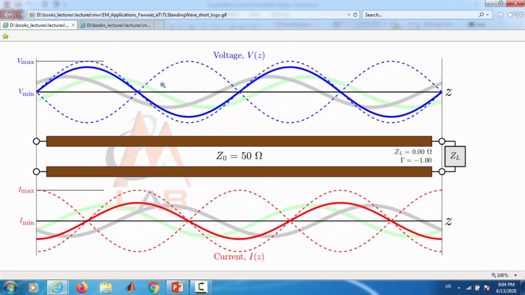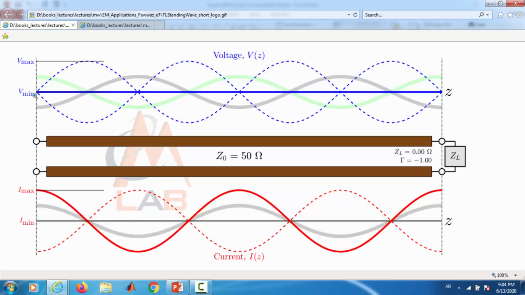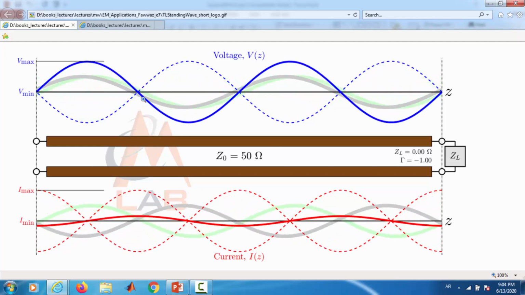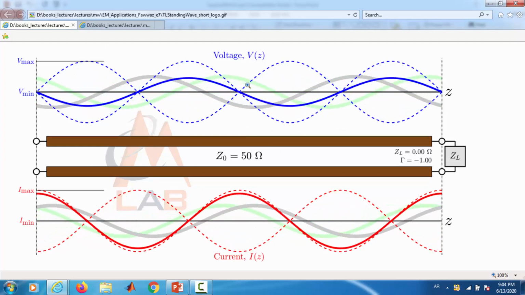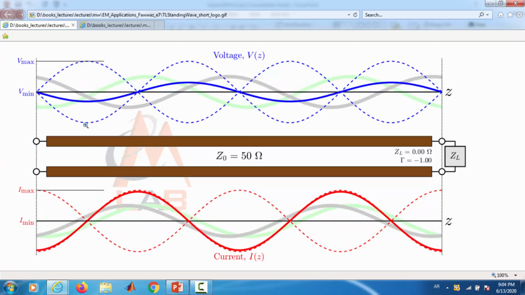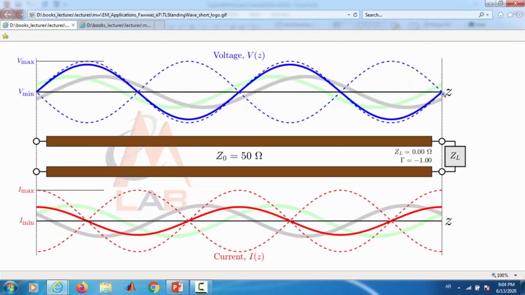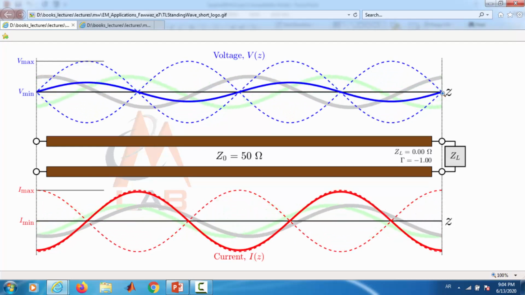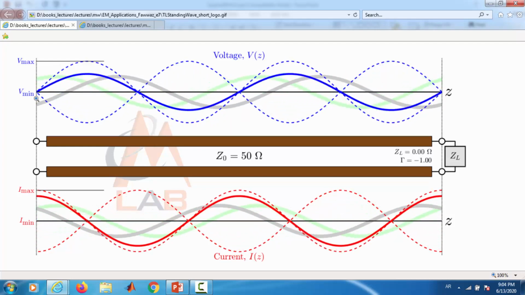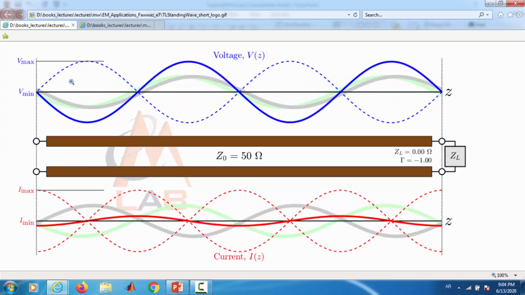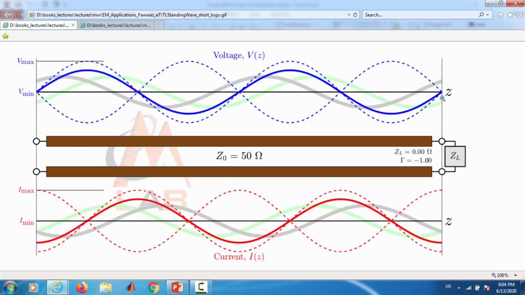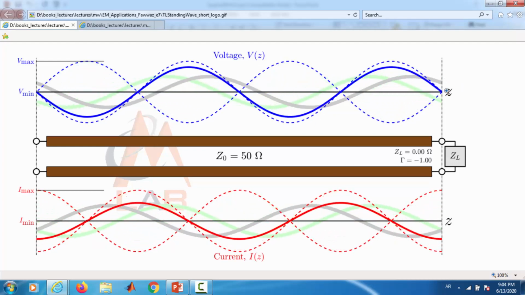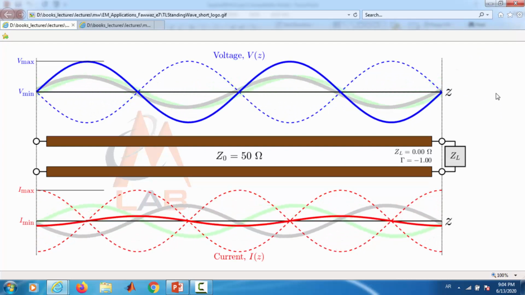According to that, there is no transferring of power from the generator to the load. All the power will stay confined in the transmission line between the generator and the load. And this is a very bad issue, because we need to send this information or signal to a certain load, for example to an antenna, to convert this electrical signal to electromagnetic and radiate it in free space.